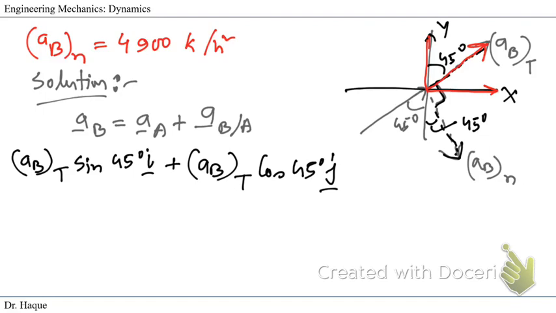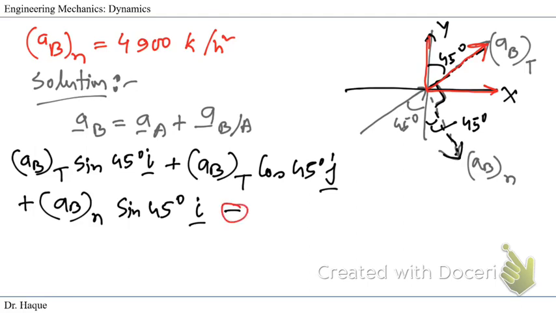Now for the normal component, we will have AB normal sine 45 degree I negative, we mark that this is negative, or we're going to say y negative, AB normal cos 45 J.